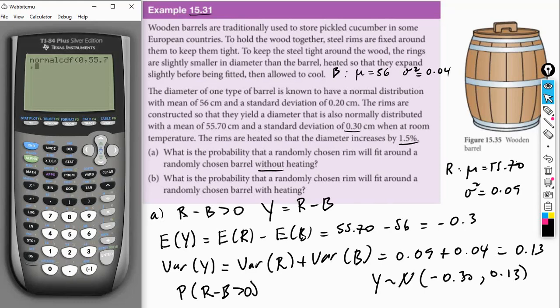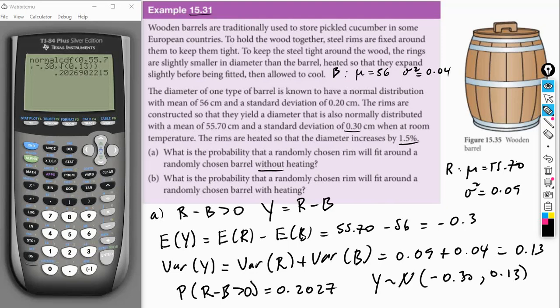The mean is negative 0.30, and the standard deviation would be the square root of 0.13. So we hit enter, and there it is. The probability is going to be equal to 0.2027. So that's about 20.27%.